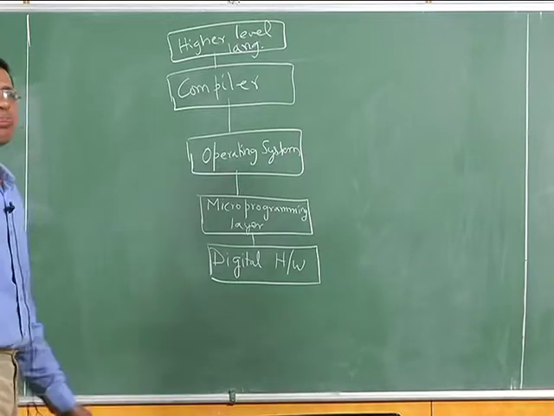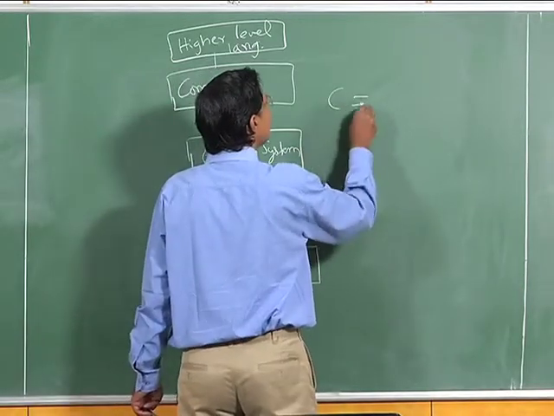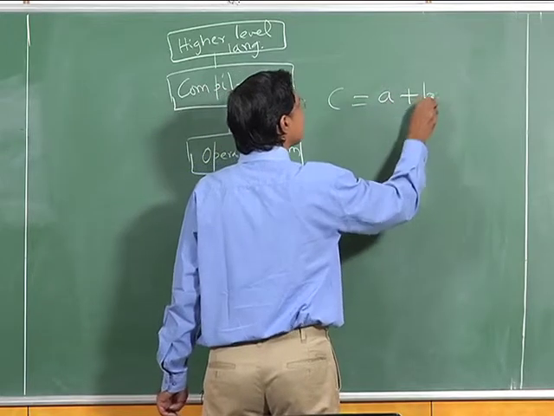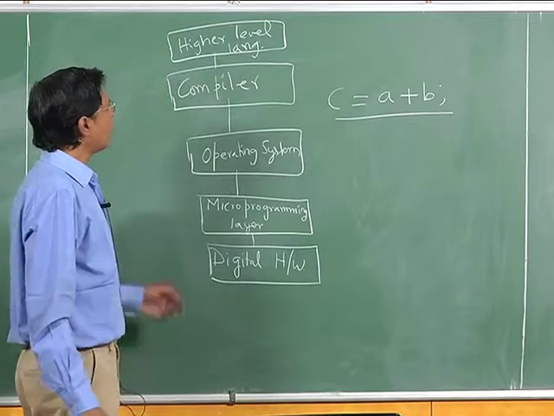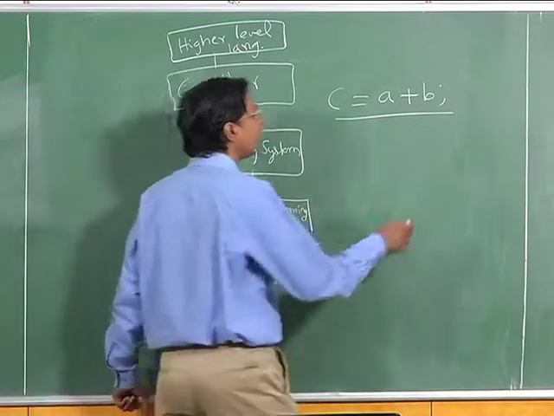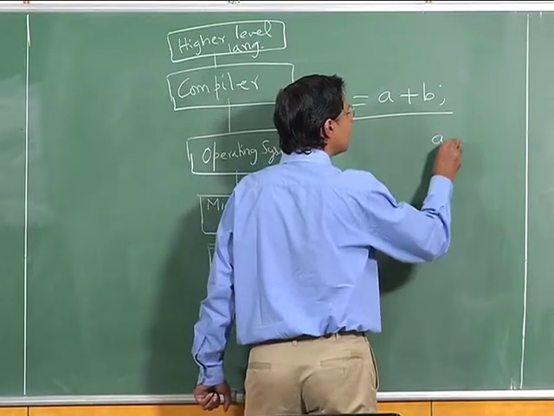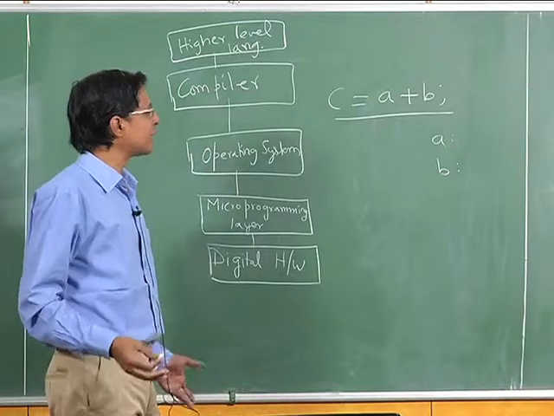So let us take a simple C program. Let us say C equal to A plus B. Now let us assume that A and B are available in what you call general purpose registers.